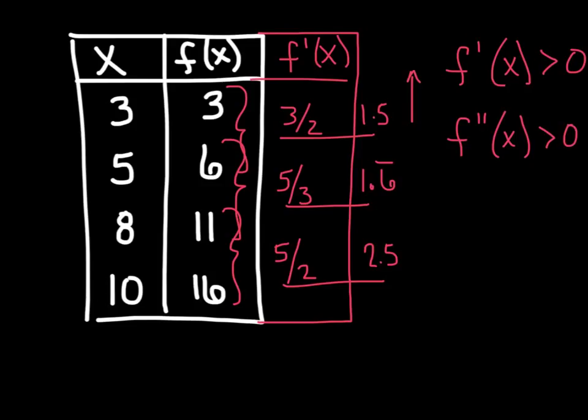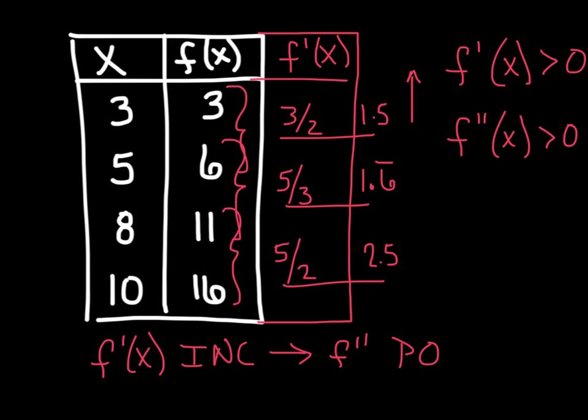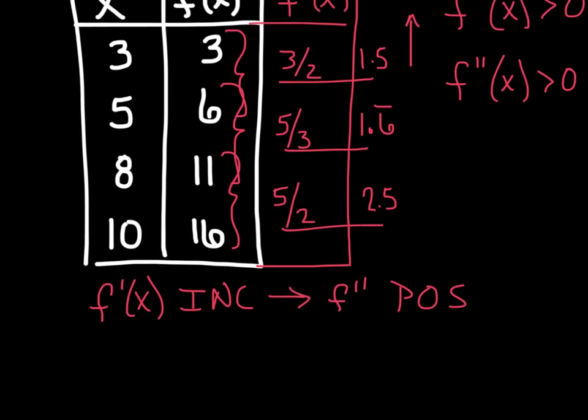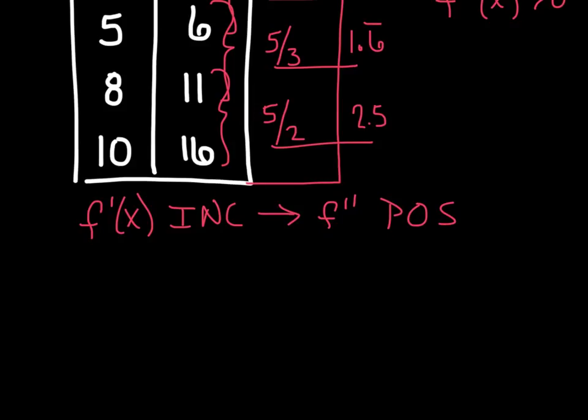So I'll write that out just to make sure we're getting that. If f prime is increasing, that implies that f double prime is positive. Maybe we could even take that a step further. What if I told you that the 10th derivative was increasing? You would then know that the 11th derivative of x is going to be positive.